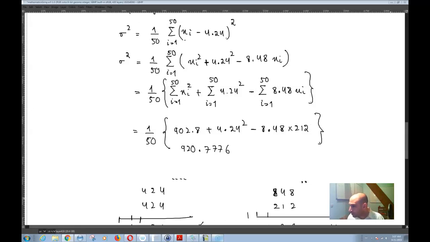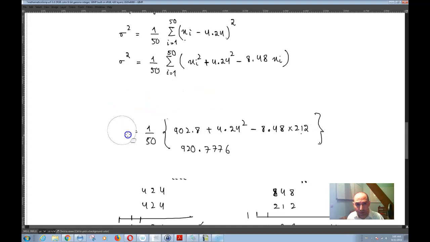So I have here x sub I minus 4.24 squared, and basically sigma of that times 1 by 50. So then I have 1 by 50 times sigma of x sub I, okay? And then that's the same thing as x sub I squared minus 8.48 times x sub I plus 17.97. So let me rewrite this part over here and erase all of this. I'm going to just rewrite this part.